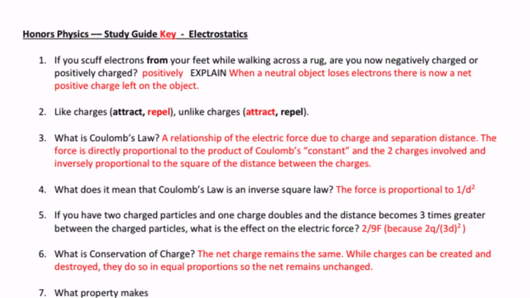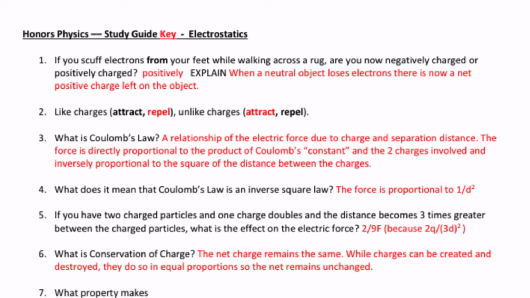Number one is asking if you scuff electrons from your feet while walking across a rug, are you negatively charged or positively charged? The answer would be positively charged because you would expect your rug to have a greater affinity for electrons, meaning how much it wants the electrons.